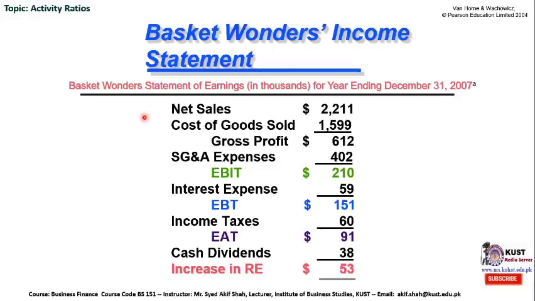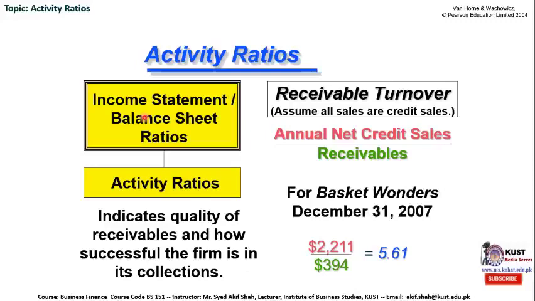Here our emphasis will be to analyze the financial statements, the balance sheet and the income statement, with respect to the activity ratios. Let us discuss the first activity ratio, which is receivable turnover.